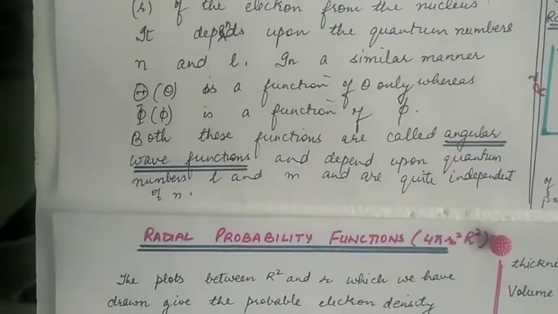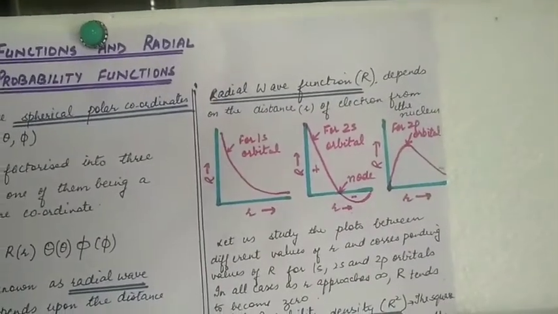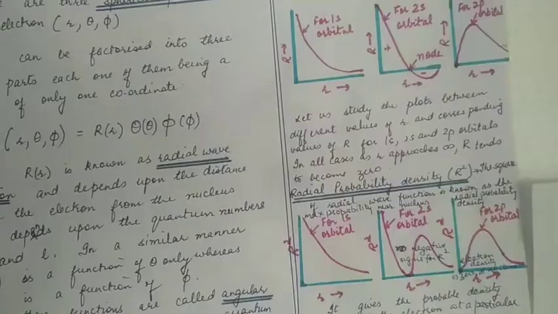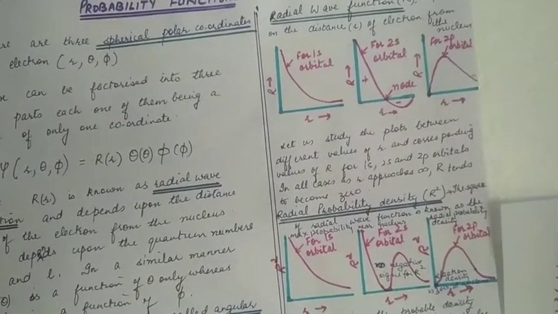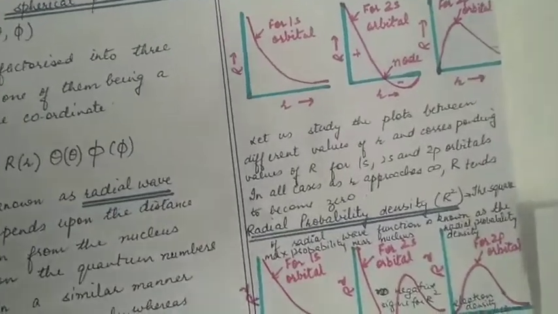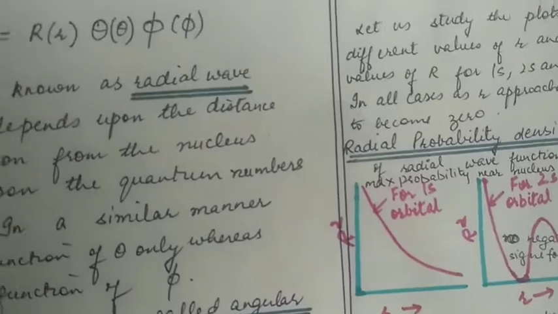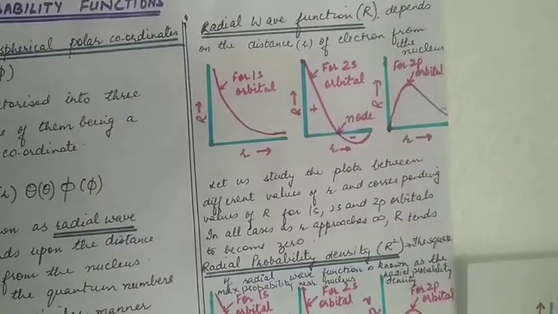The significance of these wave functions are, let us first consider the radial wave function. It depends on the distance of electron from the nucleus r. So let us study the plots between different values of r and corresponding values of R, the radial wave function, for 1s, 2s and 2p orbitals.